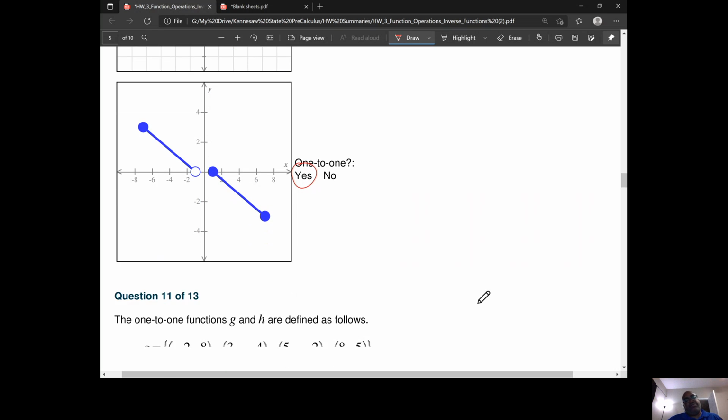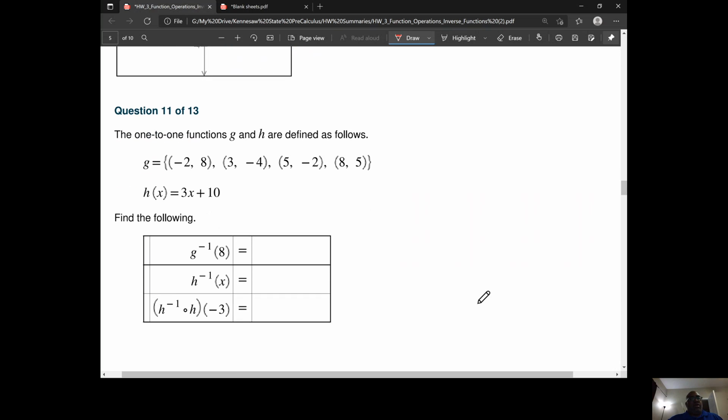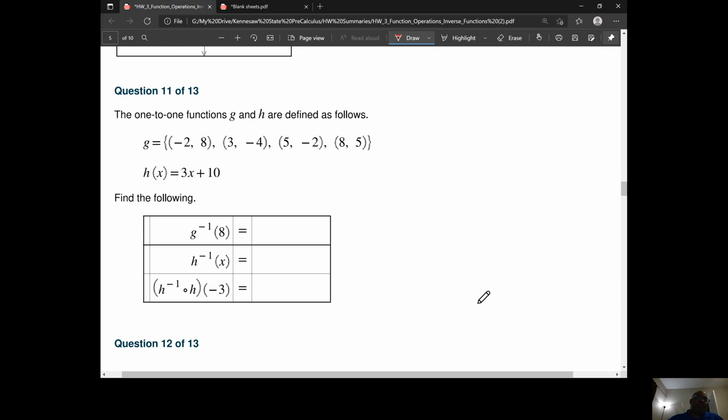Okay, so let's continue. 13. Two functions are defined as follows. The function g is defined as the set of the points (-2, 8), (3, -4), (5, -2), and (8, 5). H of x is defined as 3x plus 10.